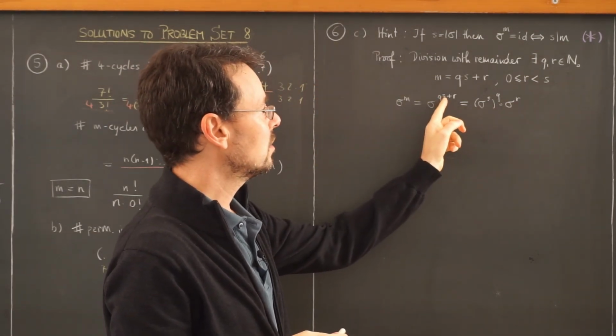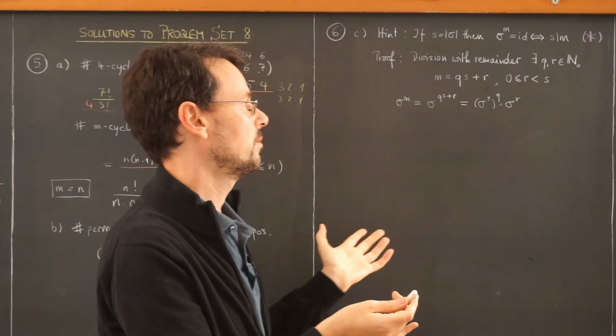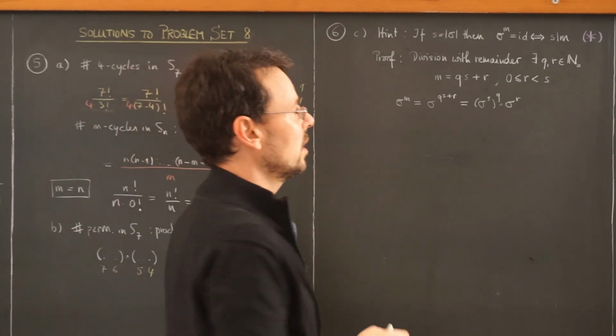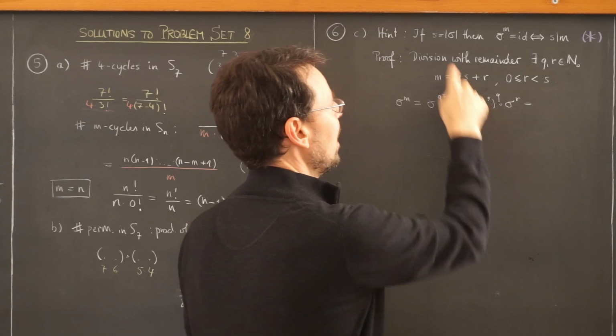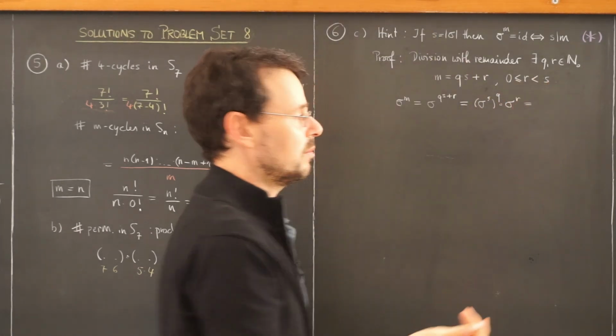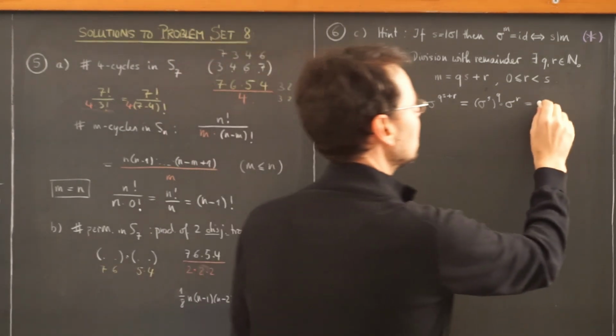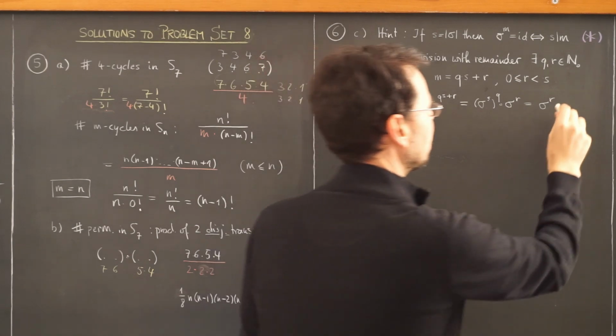And sigma to the qs can be written as sigma to the s to the qth power. This is always true in any arbitrary group. But sigma to the s, by definition of the order, is the identity, and the identity to any power is still the identity. So I end up with sigma to the r.